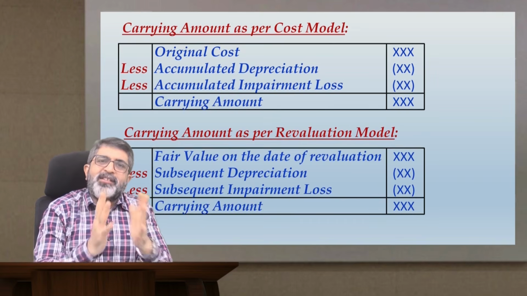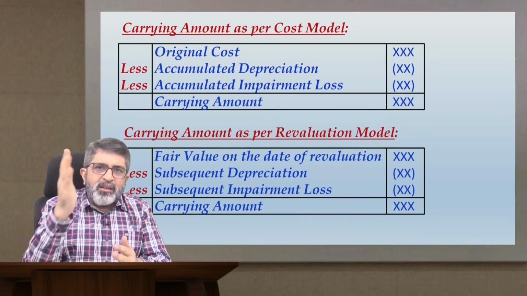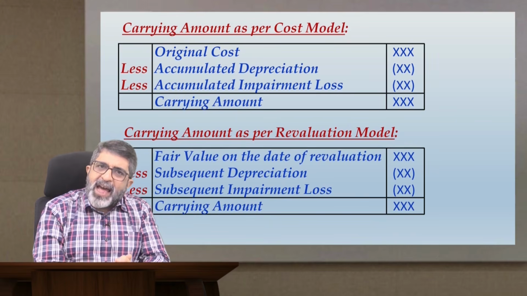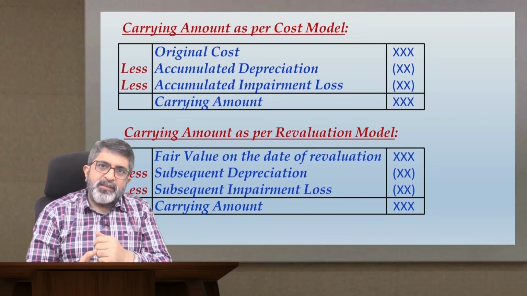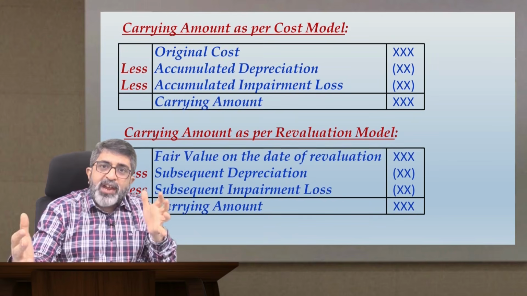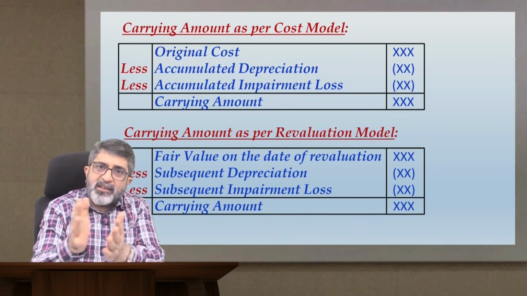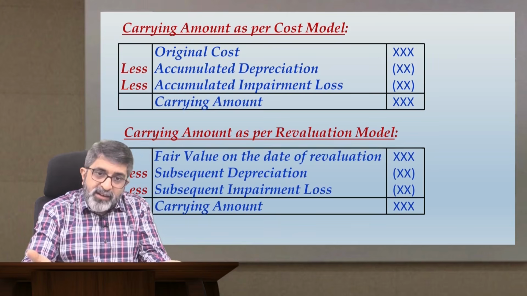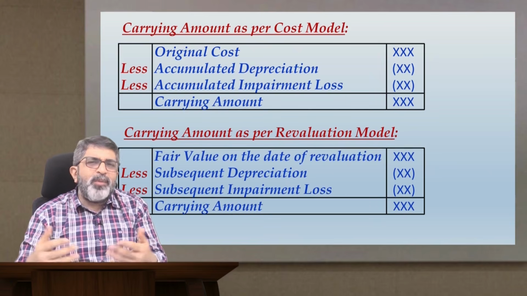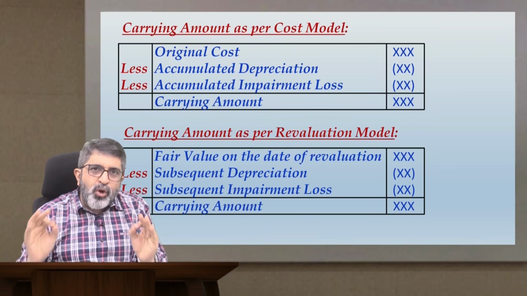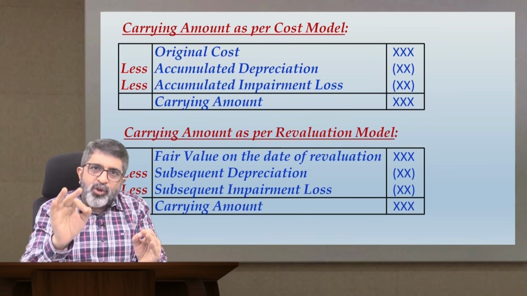Likewise, say you have decided that you will revalue your asset once in every 3 years. But after 2 years ended, you find that there is a substantial gap between the carrying amount and the fair value, and you decide that at second year end itself you would want to again revalue your asset. Nobody is stopping you. See, it is your asset that you are reflecting in your balance sheet.